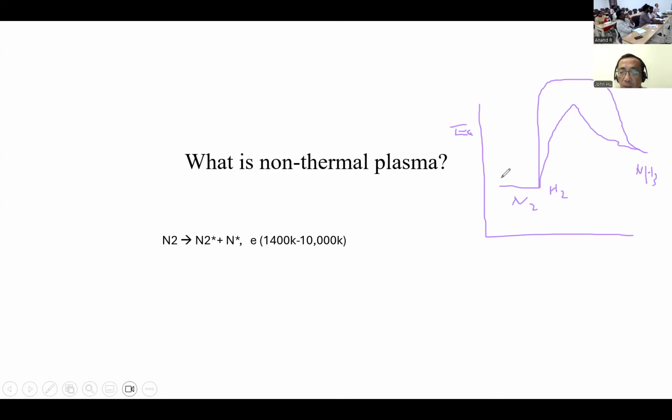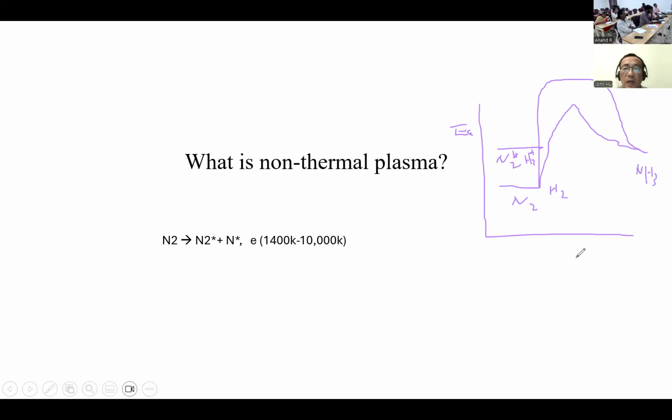But with plasma, you basically begin from here. You are not dealing with N2, you are dealing with N2 star plasma and H2 star. That's the difference. Because you have pre-activated molecules, you have a jump start, so your energy barrier is low.